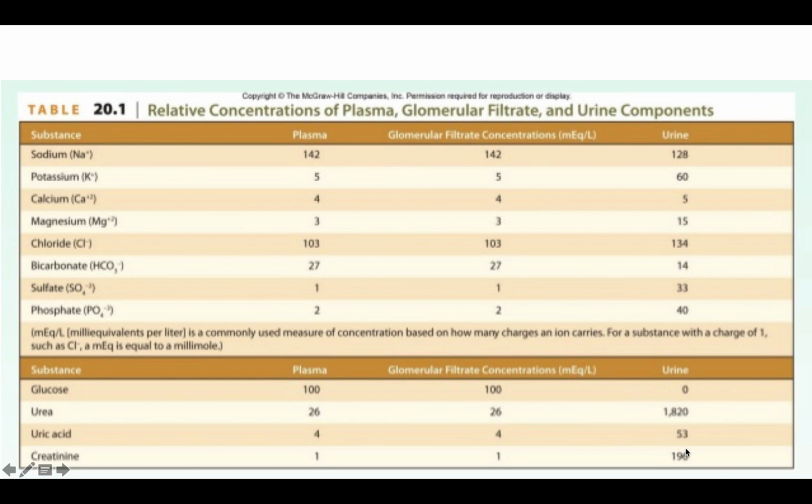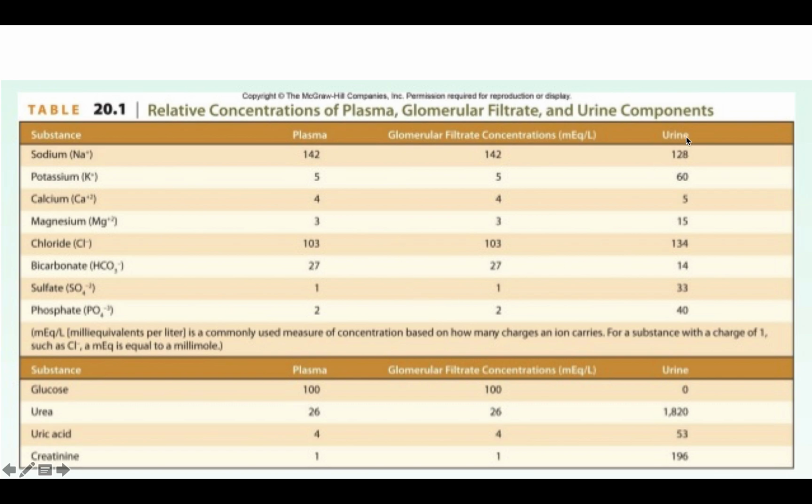Okay, if you look at these wastes, a lot in the urine, and then these are nutrients, right? So plasma has nutrients, but all of this gets, for the most part, pushed in or pressurized through that, and then you're going to get a deposit of that out of your body. So you can see here the concentrations in urine versus filtrate and blood for all of these: sodium, potassium, calcium, magnesium, chloride, bicarbonate, sulfate, phosphate.